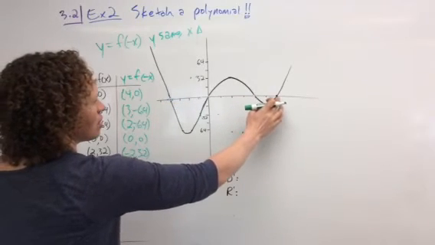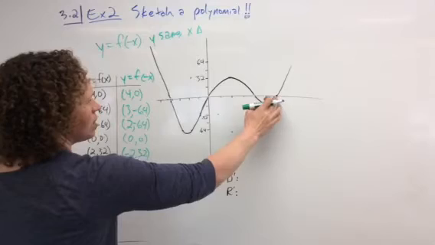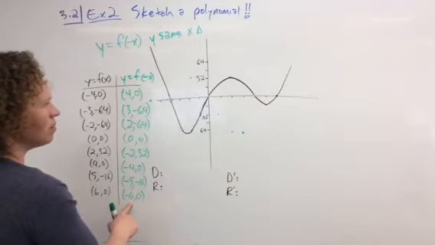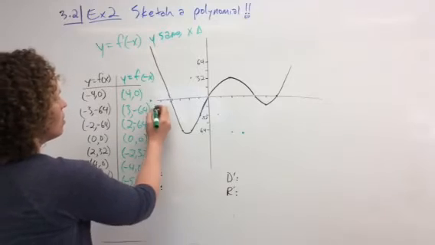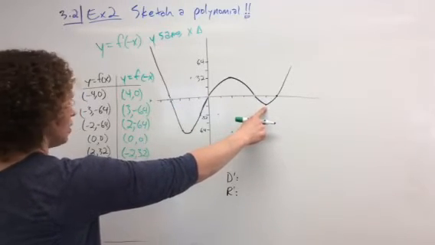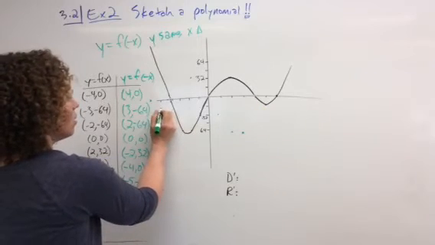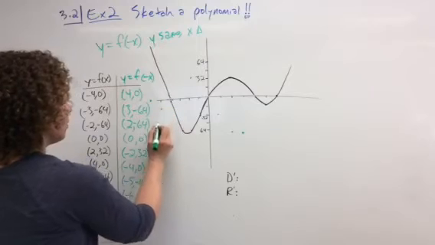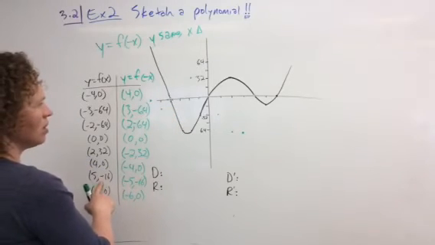Then I've got this guy who is just 2 dots over here, and that's my negative 6 and 0. I've also got this point, which is negative 5 and negative 16. That's going to be here, because it used to be 5 and negative 16.